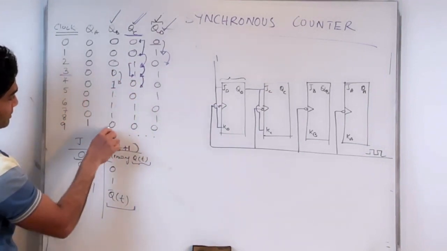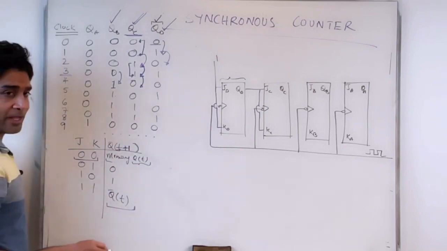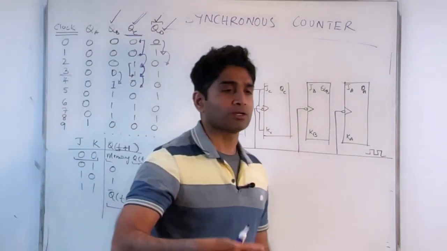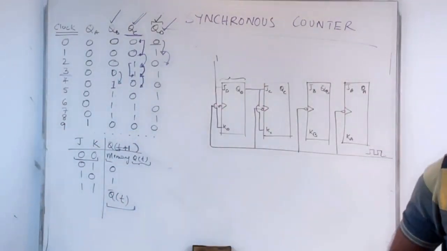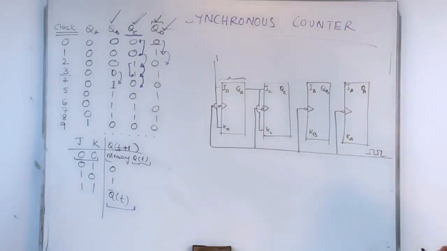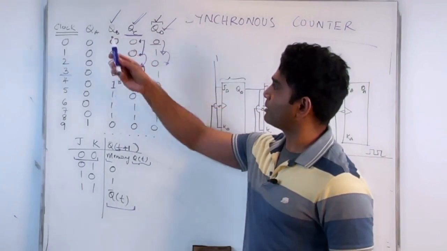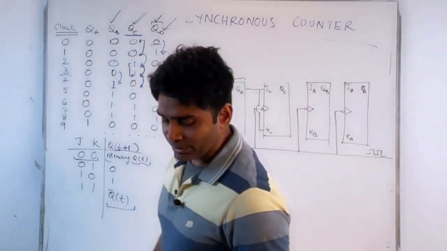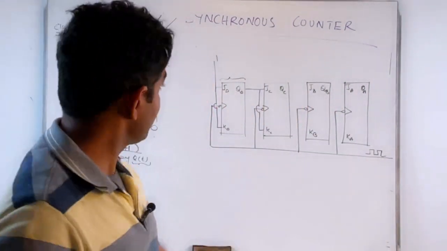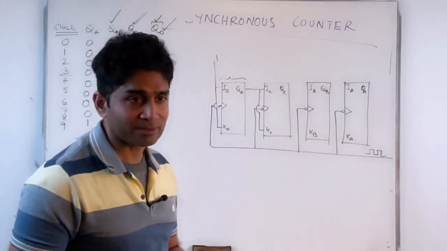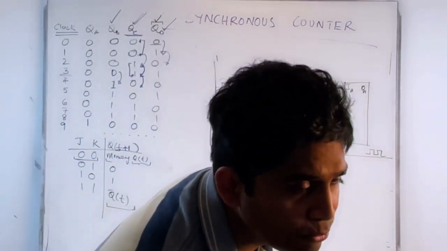Then it toggles again and retains the same value for the next 4 clock pulses, and so on. So how do I configure JB and KB to get the QB behavior for my flip-flop? Any ideas here?